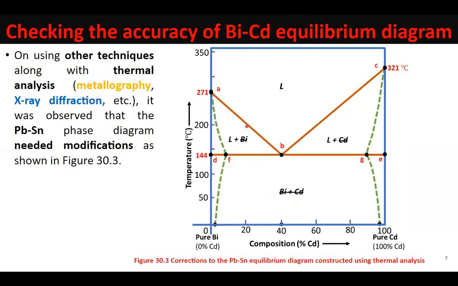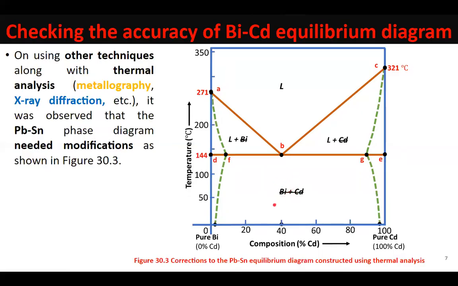So for a eutectic alloy, your assumption that the liquid transforms via the eutectic reaction into bismuth and cadmium is wrong. It transforms to a solid solution with bismuth as the solvent and another solid solution with cadmium as the solvent, but the first solid solution contains some amount of cadmium in it, and the solid solution with cadmium as the solvent is not only cadmium, it contains some amount of bismuth in it.